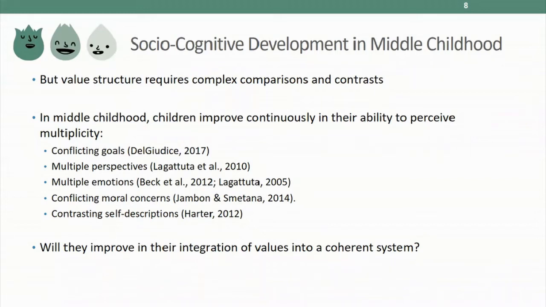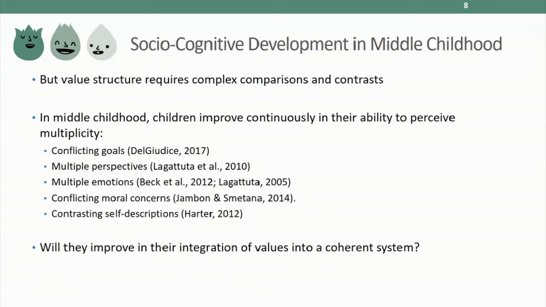If they see multiple perspectives, so 2 individuals see the same situation from different perspectives, they learn how to understand that. If they experience conflicting emotions or ambivalent emotions, they become better at perceiving that and not just deciding on one of them. If they see conflicting moral concerns, and so on, as you can see, across contexts, children improve in their ability to resolve multiplicity and to contrast.